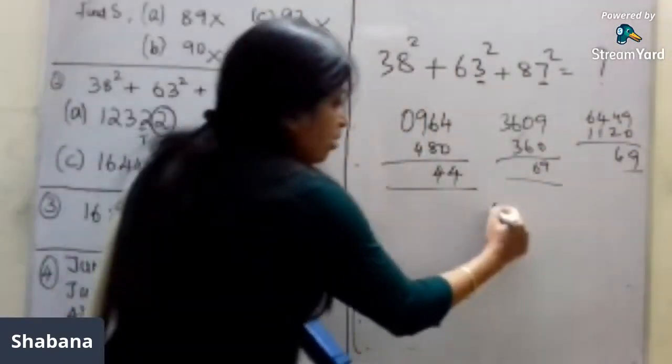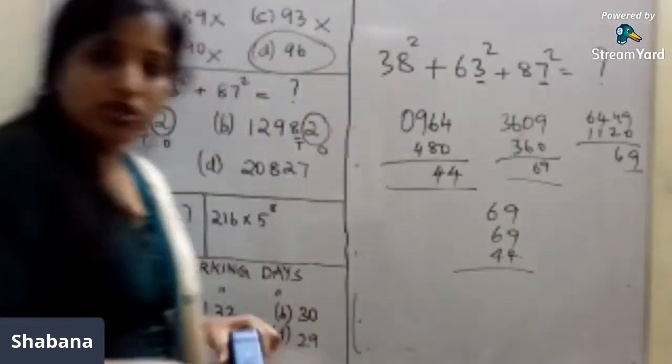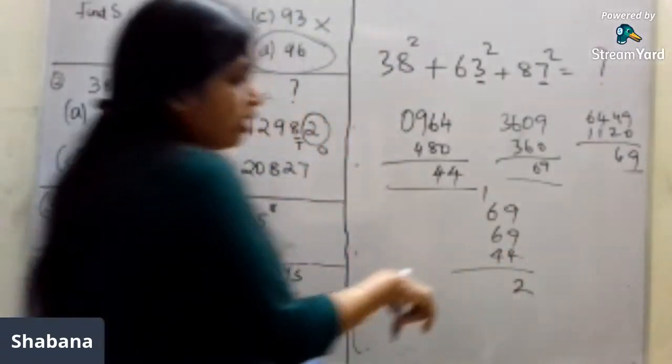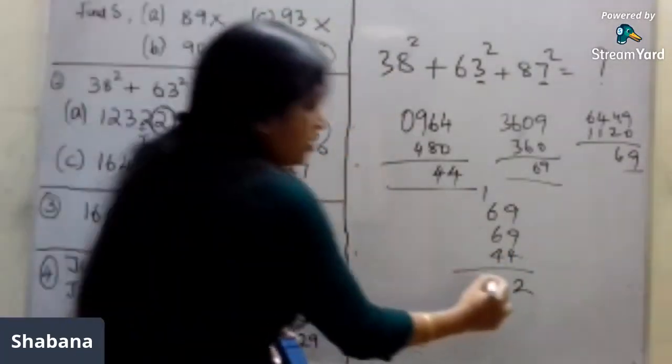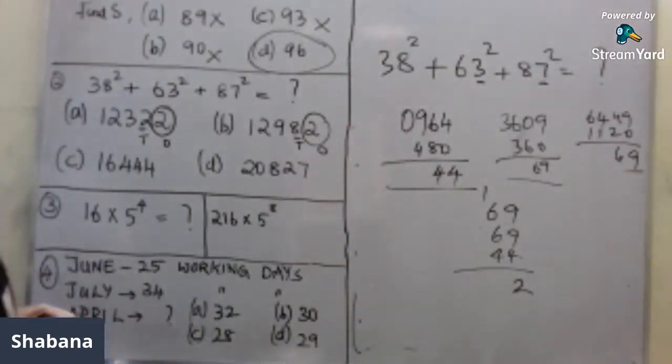So I am going to add only 69, 69 and 44 to get the last two digits to find my answer. So this is 212 here. So 12 and 13 plus 4 is 17. I'm sorry. 12, okay, 16, 17. Let me just check if I've done anything wrong here.